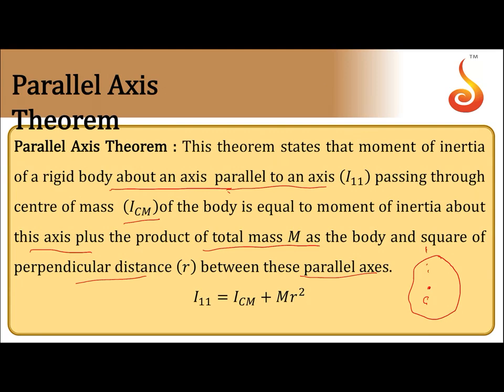Through this there is an axis, and I know that through this axis the moment of inertia is ICM. Now if I take another axis which is parallel to this, at some distance r, then the moment of inertia about this, I1, is equal to ICM plus mr square.